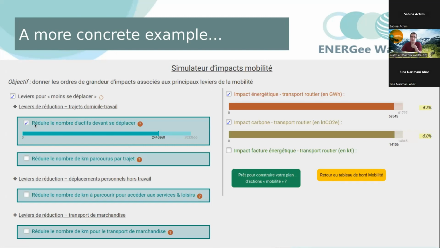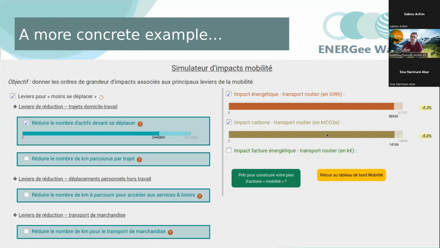So for example, the first one is reduce people who have a job who needs to move, for example, by distance work, or maybe by having a closer job or something like that. On the right, you have the impacts on energy, GHG emissions, and the cost. And so you can just move the small lever here, and you can see the impact.